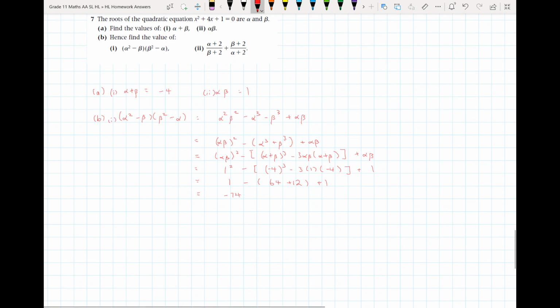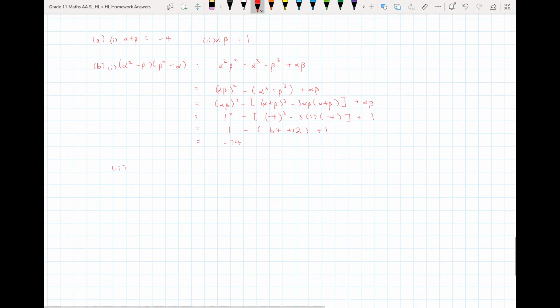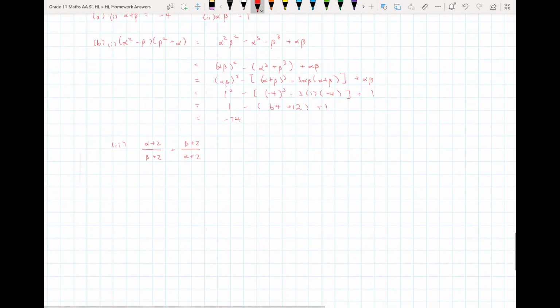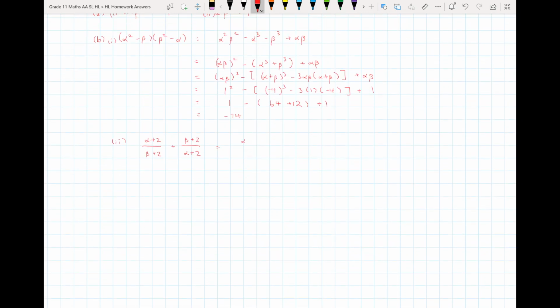I think there are 2 parts. What is this? Nice little pattern here. You have alpha, beta, and then beta, alpha, correct? Yeah. So what we do is we cross multiply and then take the product on the bottom.